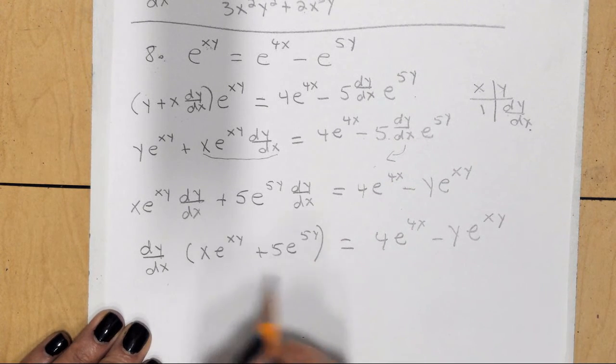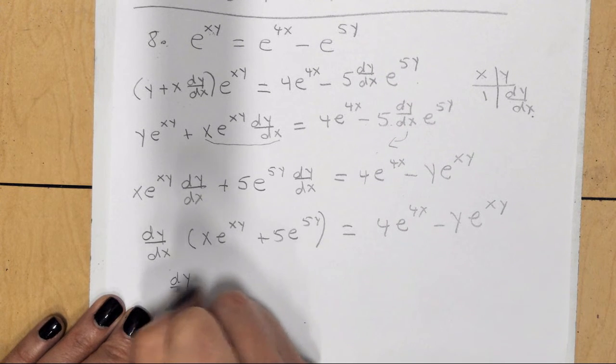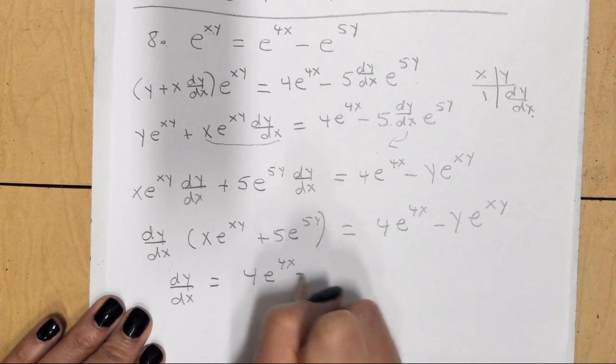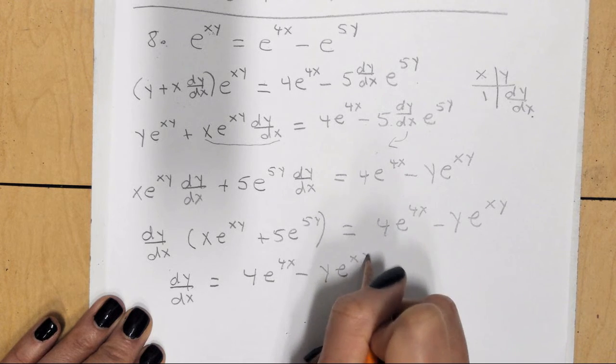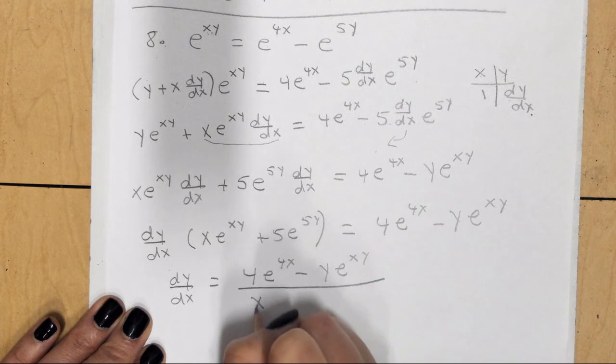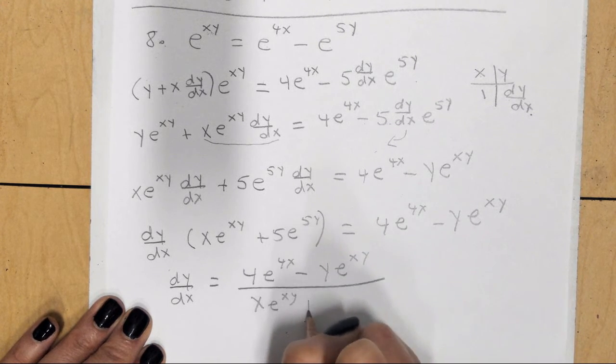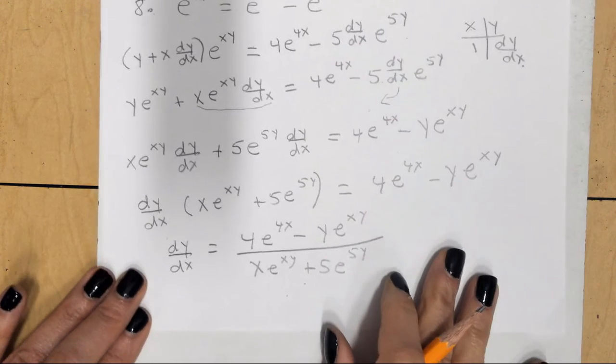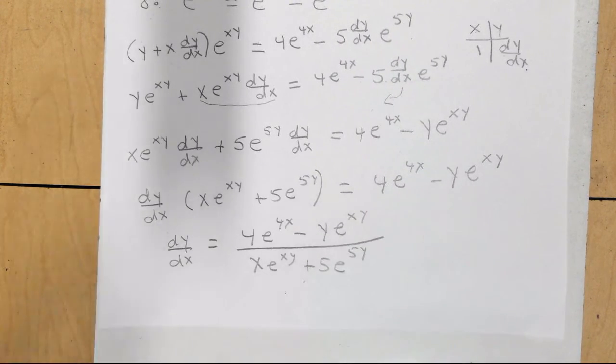Now to get him alone, divide that guy over, and I'm done. 4e to the 4x minus ye to the xy all over. Done.